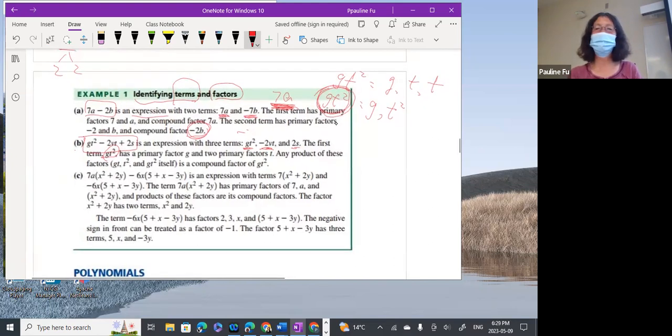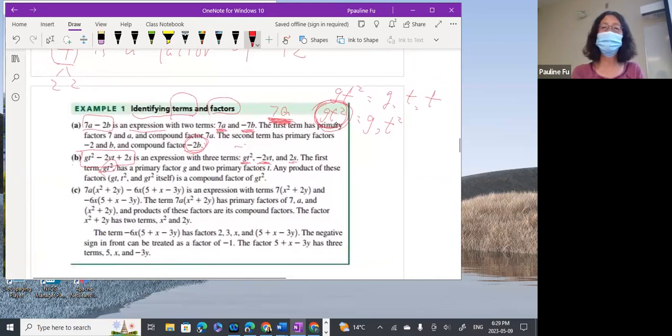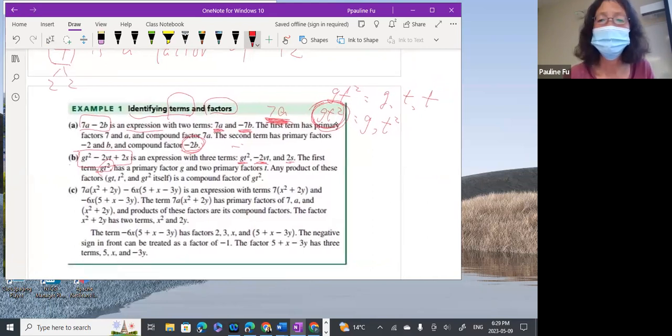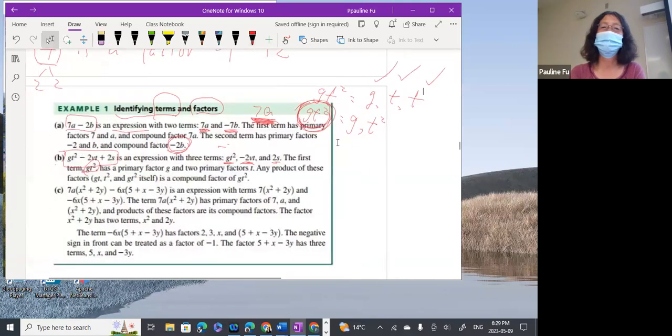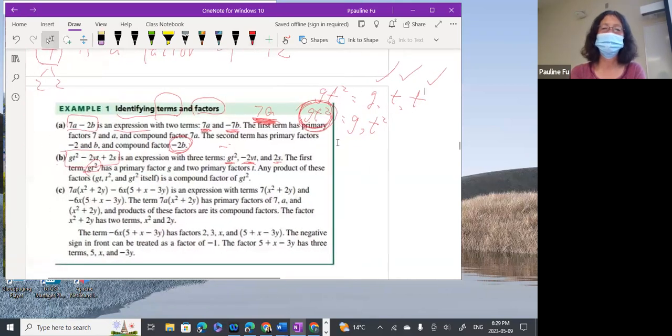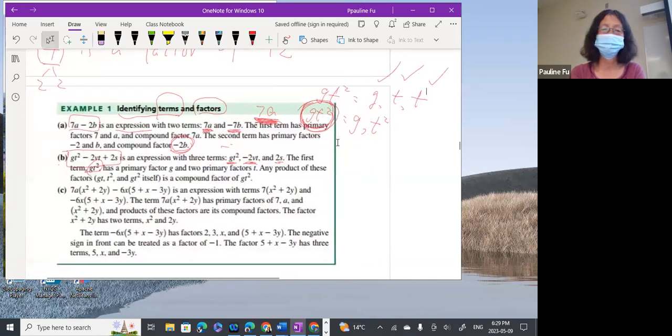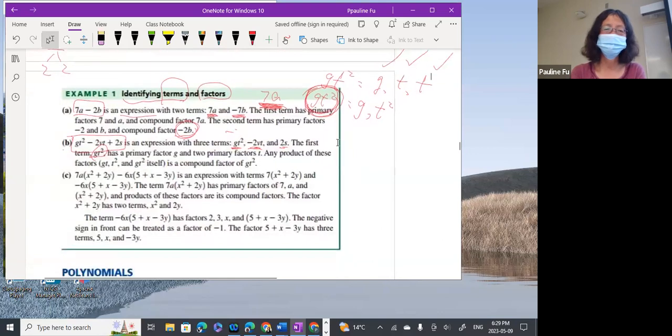If the question asks you to identify all the primary factors in gt squared, the answer is g, t, t. Okay, questions?